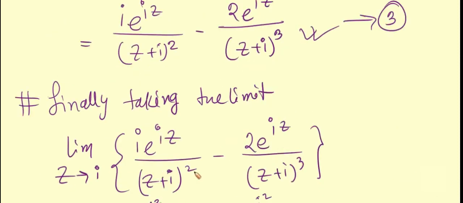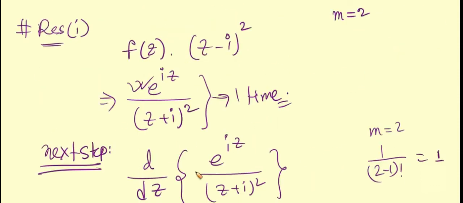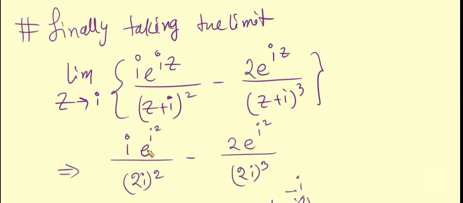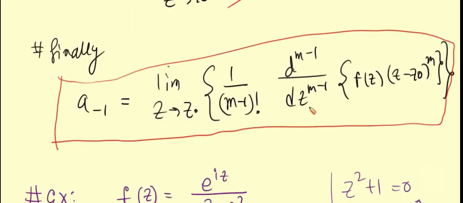Similarly, you can calculate the residue for the other point, that is z equals minus i, but there you have to take the limit z goes to minus i, and obviously you need to multiply (z plus i) whole square with the function itself, because that's the point you are considering, right?